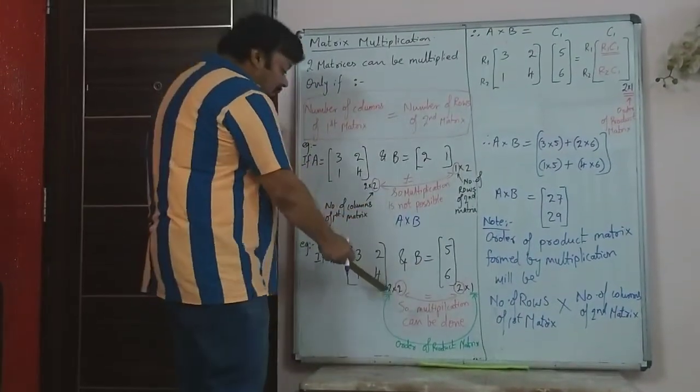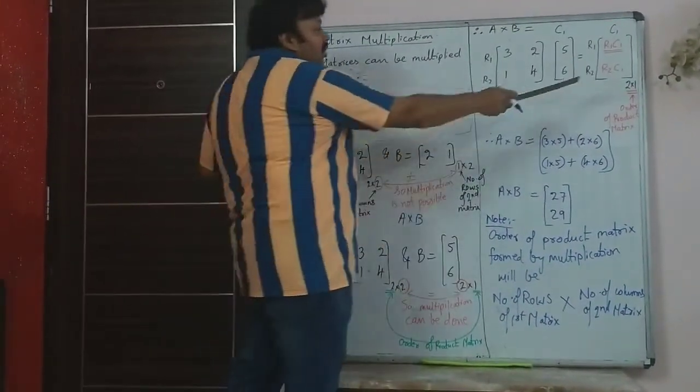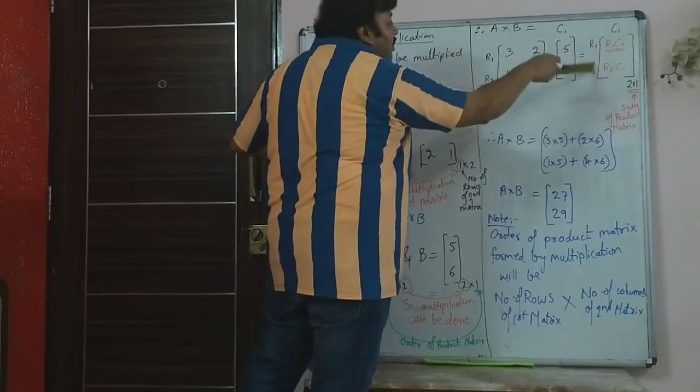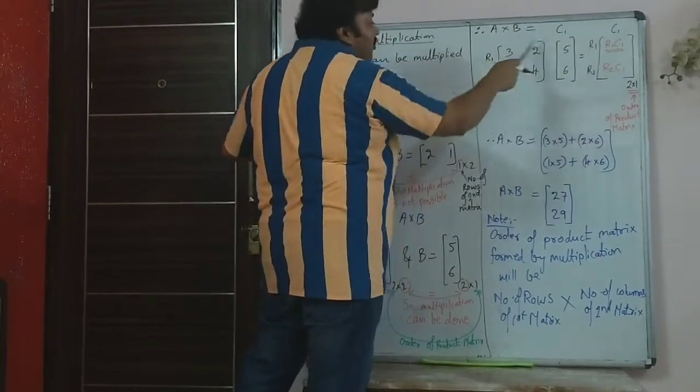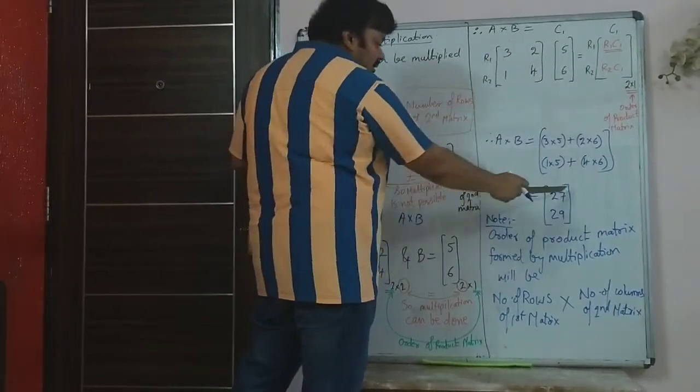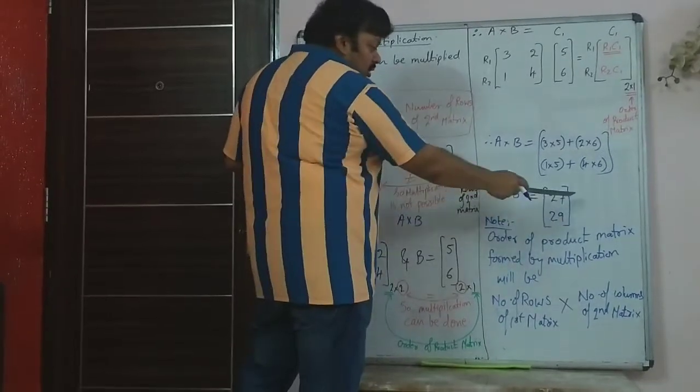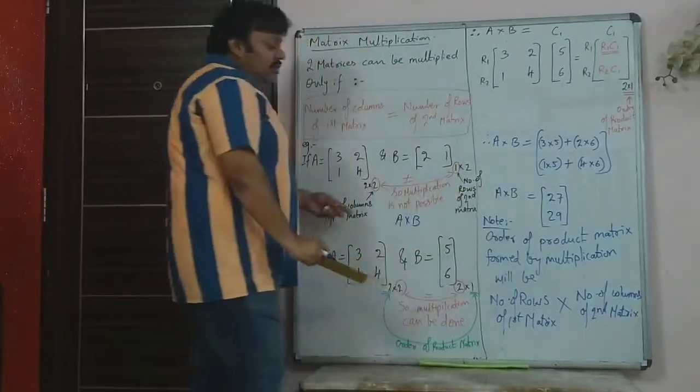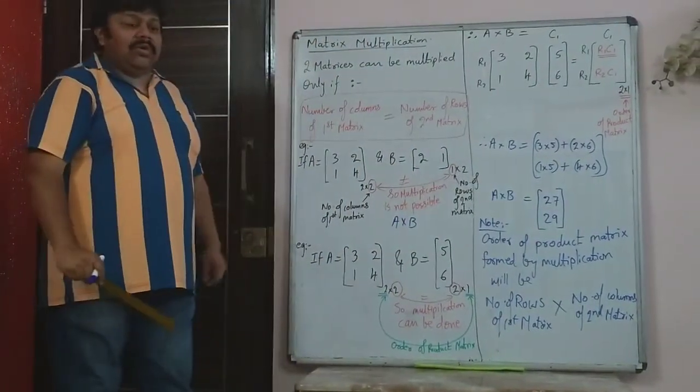So that is what you got here, 2 into 1. Here you got 2 into 1 as this is the product matrix formed by the multiplication. This is what you finally got, 2 rows, 1 column. So that's the order of the product matrix.